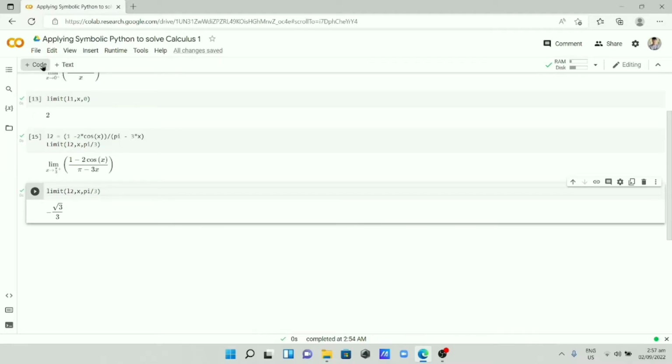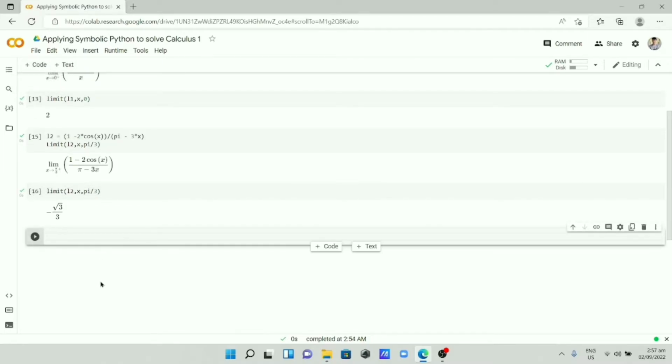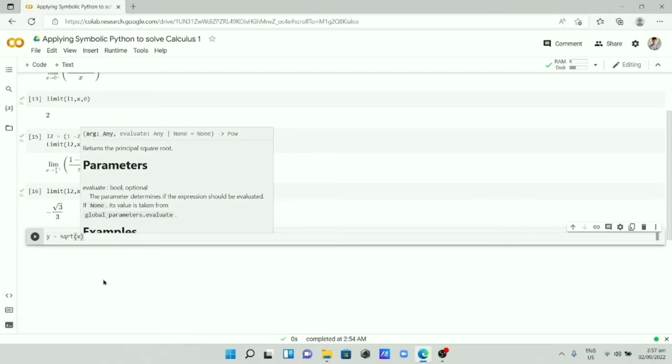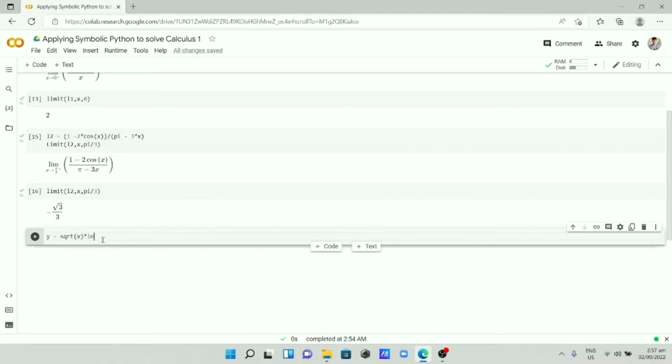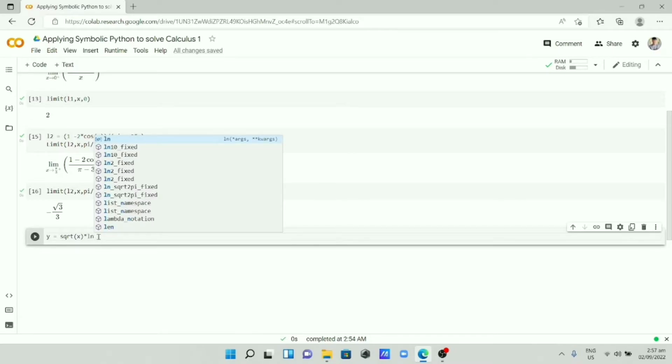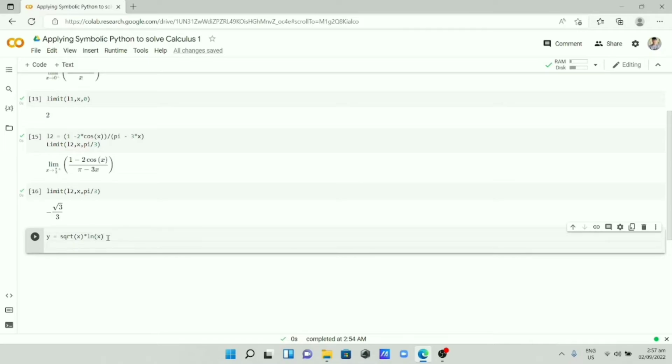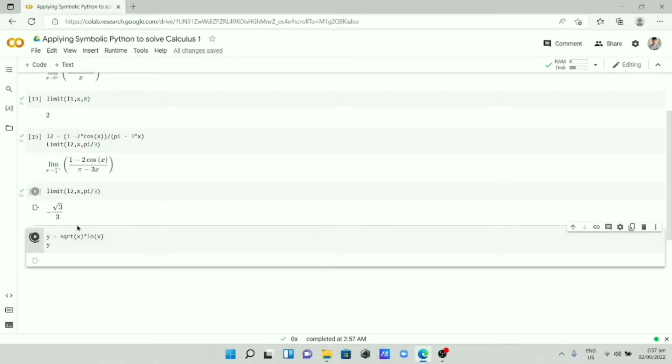For the differentiations, we are going to solve problem number 1. Problem number 1 is y equals the square root of x multiplied by the ln, or what we call the natural logarithm, or the log of x, and we're going to run the function.